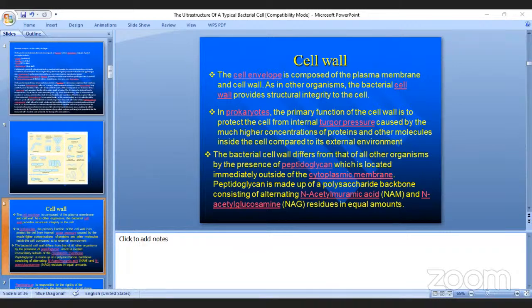Sir, the capsule gives the shape? Please, can you repeat again? The capsule gives the shape, sir. Which shape? The cell.